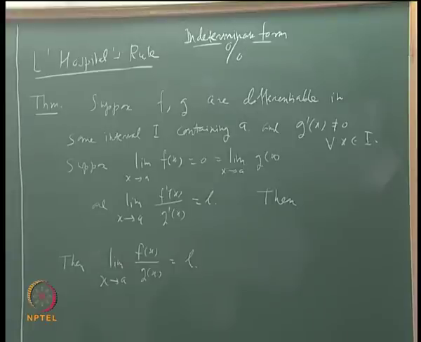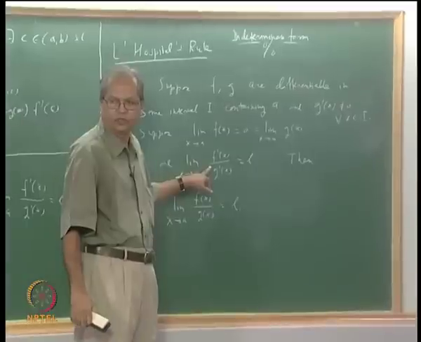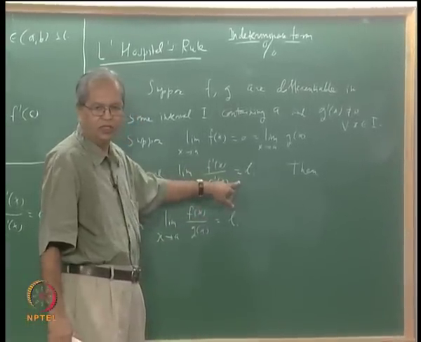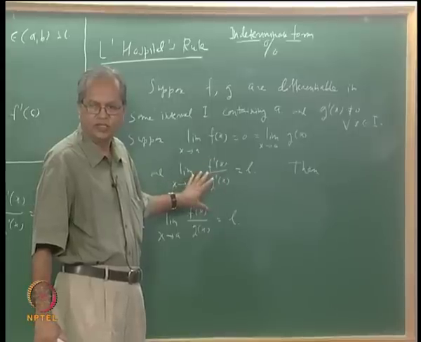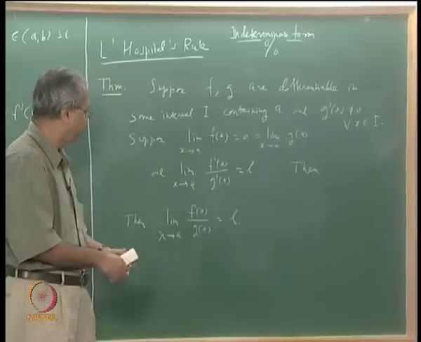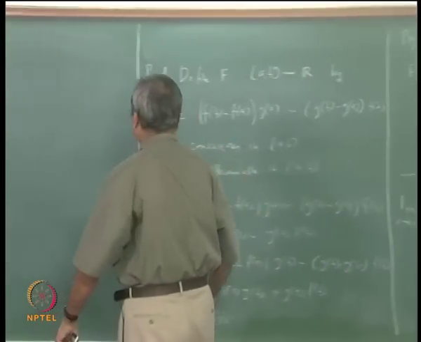Let us first see what is the meaning of this statement. Let us use our usual epsilon delta definition. What is the meaning of saying that limit of f prime x by g prime x equals L? It is that given epsilon bigger than 0, there exists delta bigger than 0, such that something happens for those epsilon and delta. What is that something? Let us write it precisely.